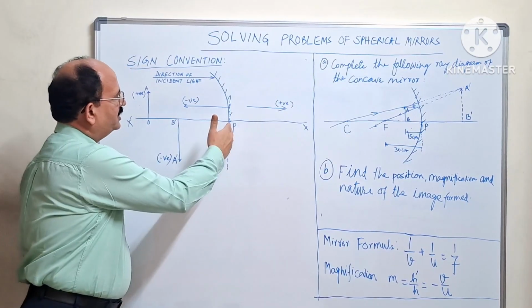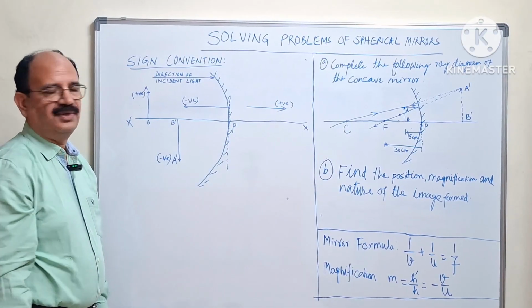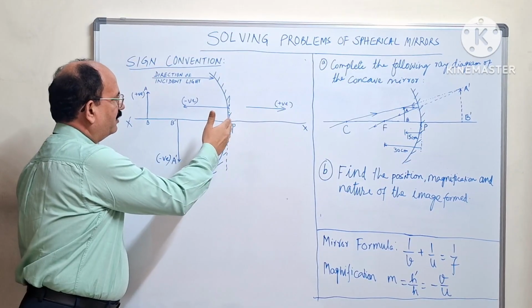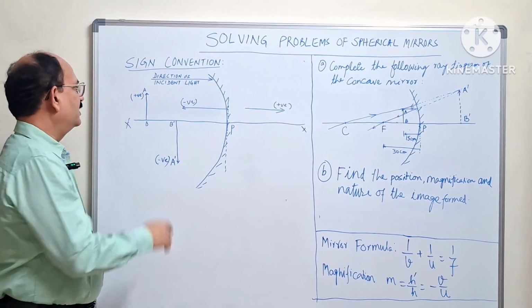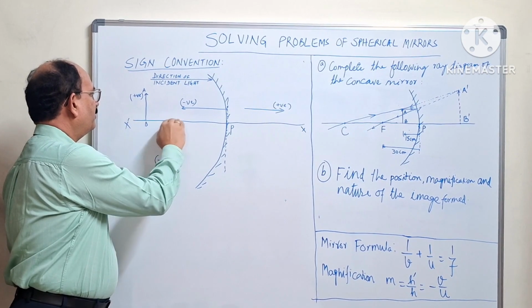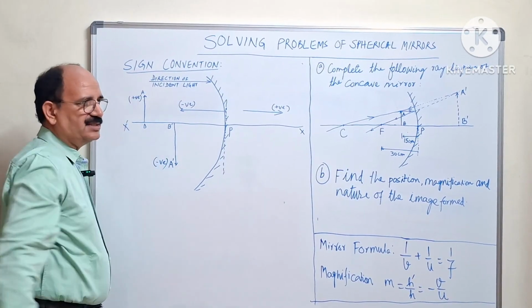So if you are doing the measurement on the right side of the pole of the mirror, that will be positive. If you are doing any measurement on the left side from the pole of the mirror, that will be negative. Likewise, any measurement from the principal axis above it is taken positive.